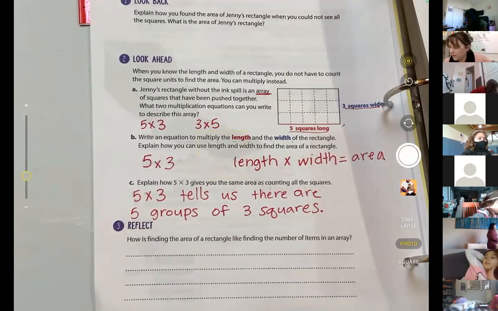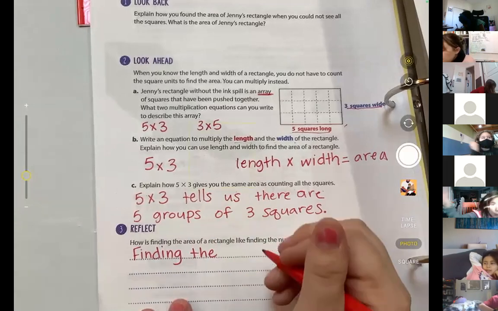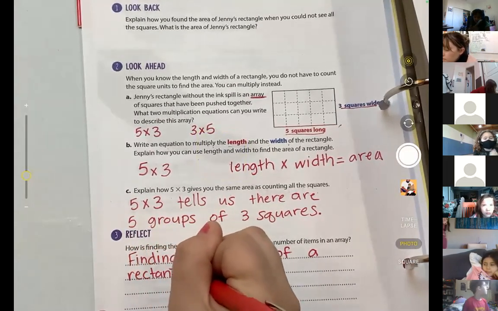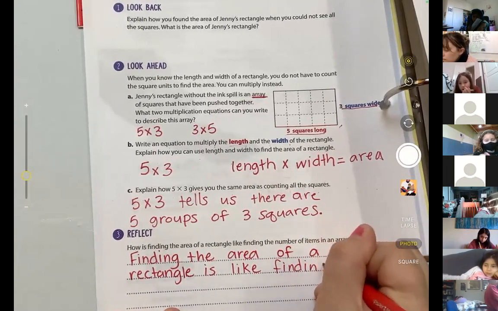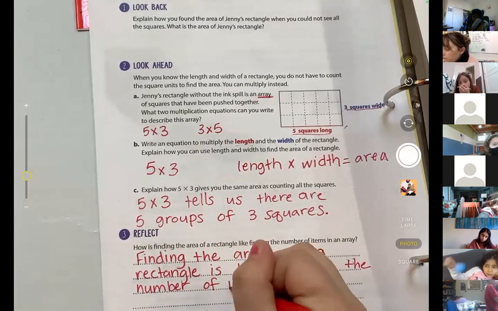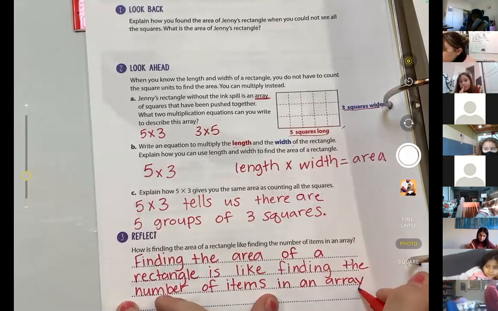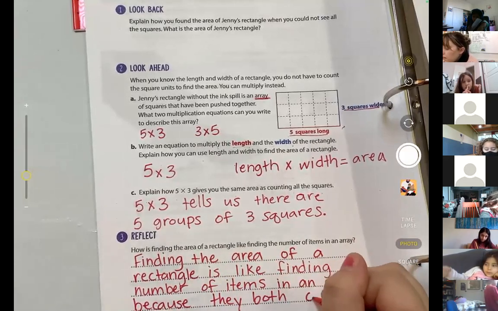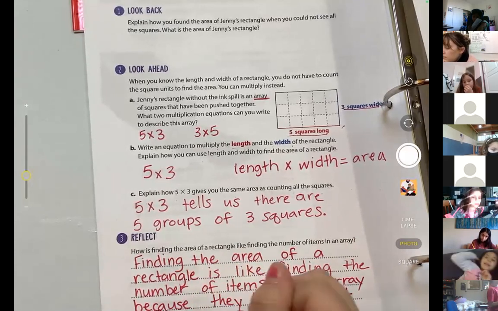So thinking about yours, but I'm going to start writing mine. So finding the area of a rectangle is like, so I'm restating the question, like finding the number of items in an array because they both count number of items in a row.